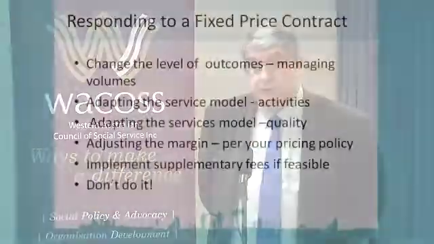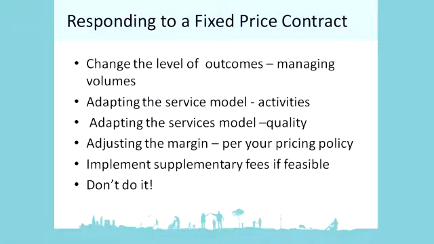The next thing you can do is think about supplementary fees. It's not always feasible to have supplementary fees or fees for your clients, but if it is possible, then you need to think about it. And alternatively, you might think about alternative sources of income. Maybe see if there's other fundraising that you can do, or other funders that are prepared to complement what you're getting from the contract you're applying for.